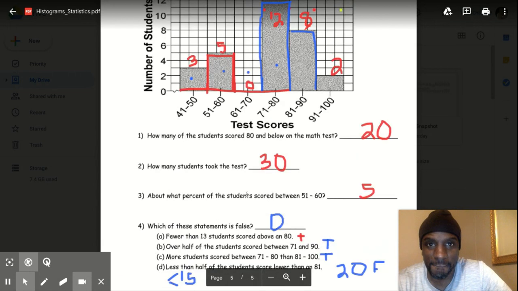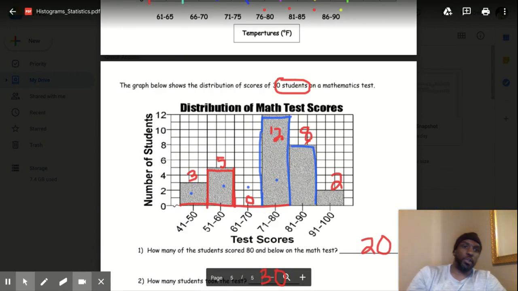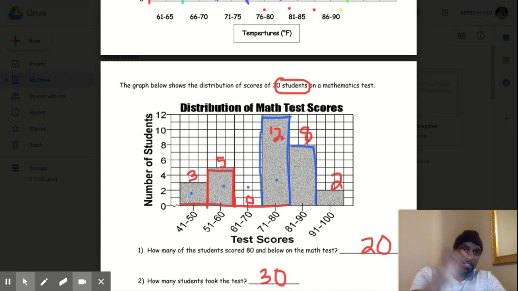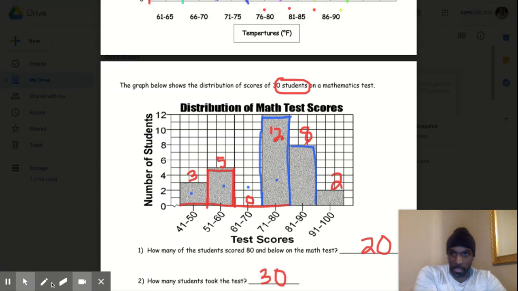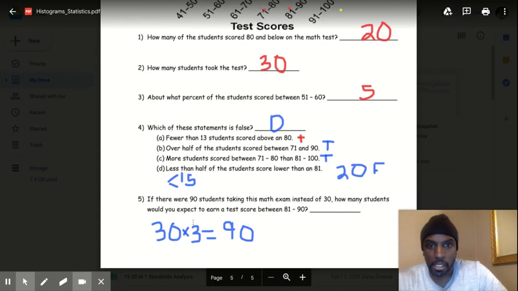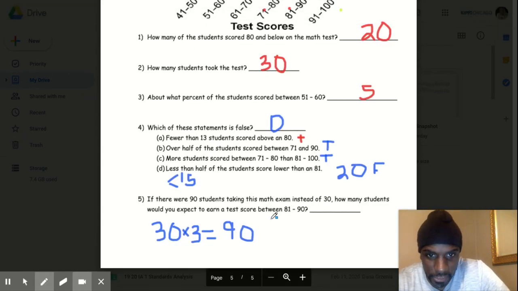So let's go up to 81 to 90. It has 8 students. So on this test of 30 students, there were 8 that scored 81 to 90. So if I'm looking at 90 students, that means 8 times 3 will score 81 to 90. I'll show you how I'm going to do this. With 30 students, I got 8 students that scored 81 to 90.